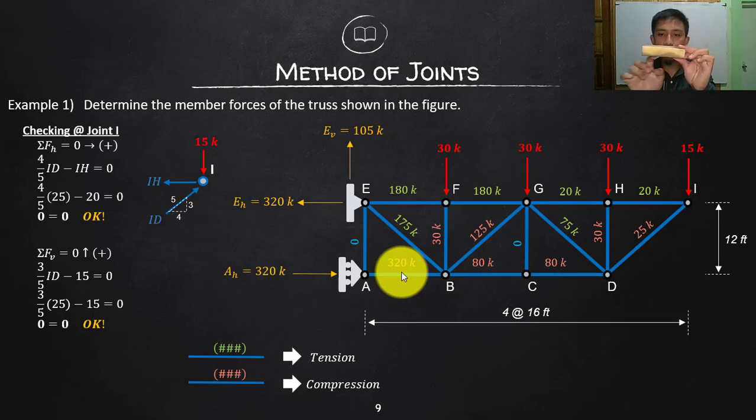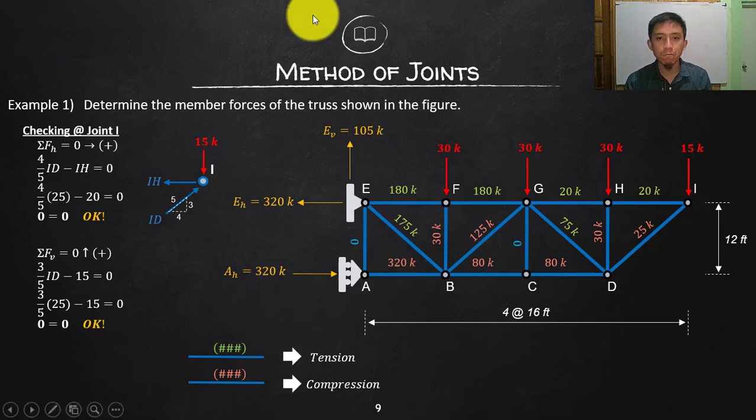So you will expect whatever is below will be compressed, and whatever is on top will be stretched or tensile. So actually that's it. That is the importance of indicating the forces within your figure, and then trying to visualize if that is possible based on the loading and of course on the type of supports.